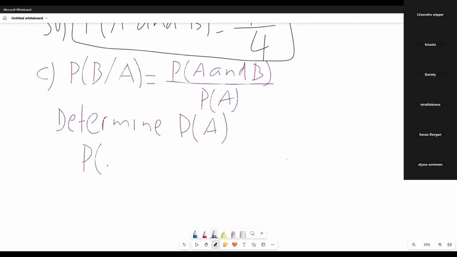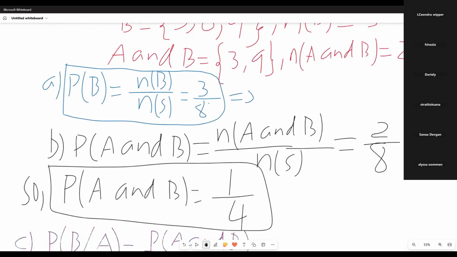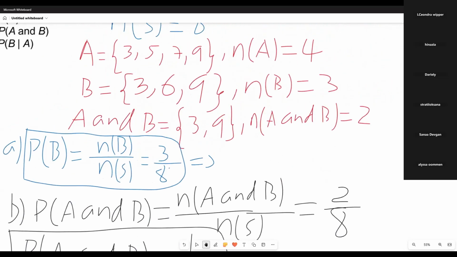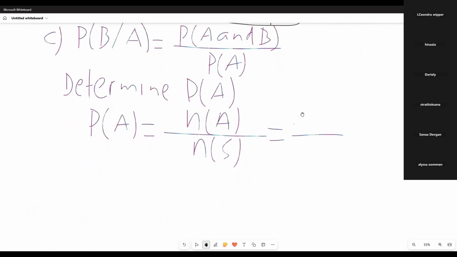P of A will be N of A over N of S. N of A was 4, right? Yeah, 4. That's 4 over 8.